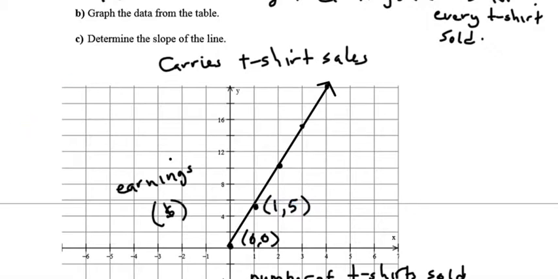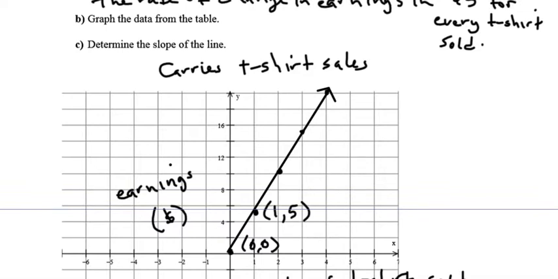What is the slope of this line? Well, we could try and use our method that we learned, which was basically go from one point to another, draw a right triangle. So I might just go from this point. Let's go up to this one here. So up and over.